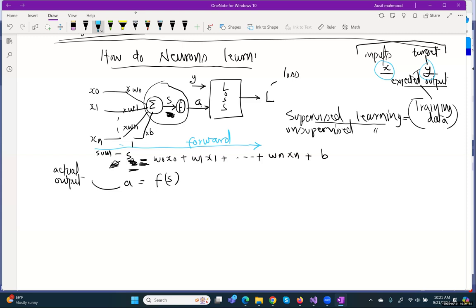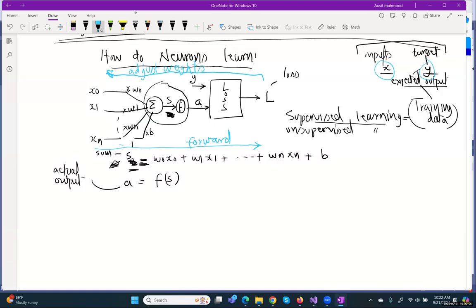Then we go backwards, and as we go backwards, we adjust the weights so that next time the difference between the actual output and the expected output reduces.